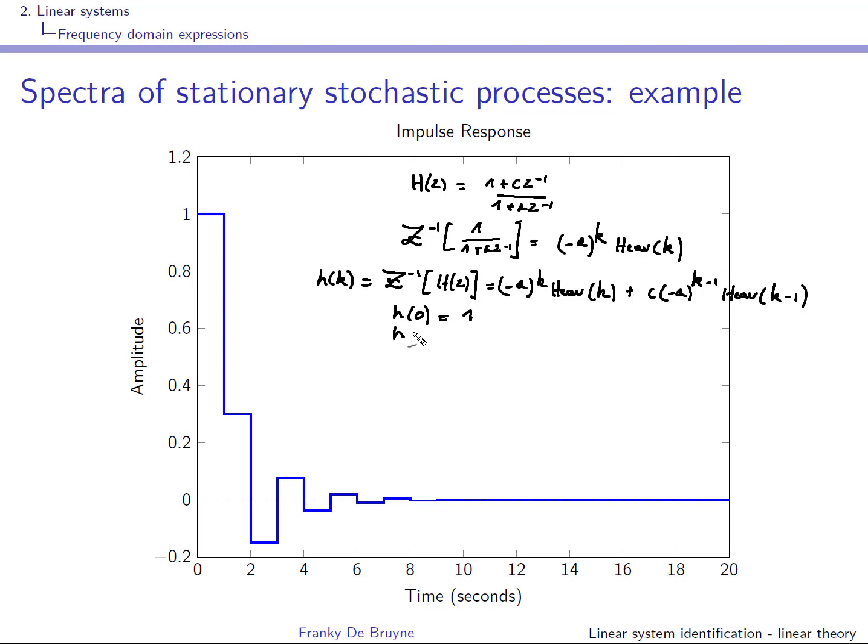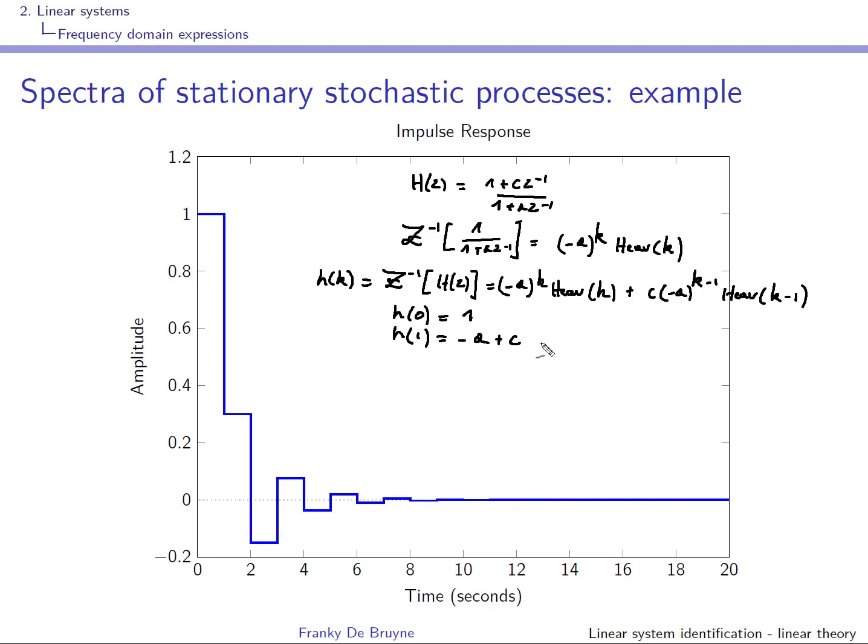We can have another look at, for instance, h(1). This will produce minus a, and here you'll have plus c times (-a)^0, so this is 1.